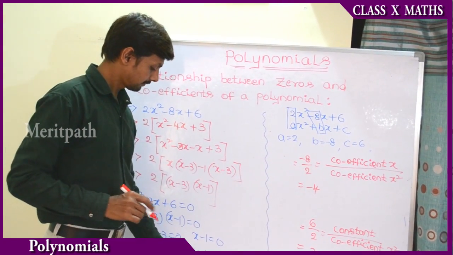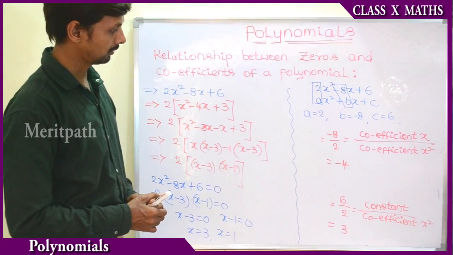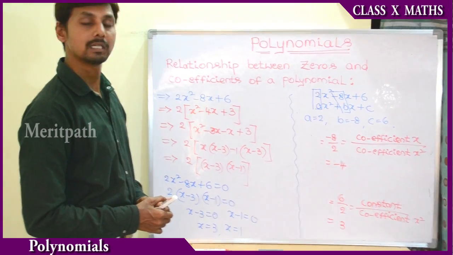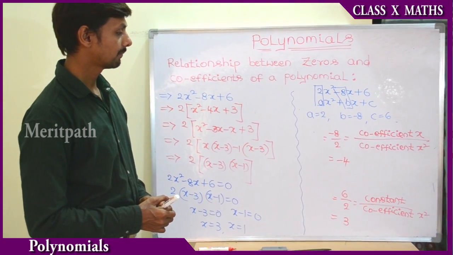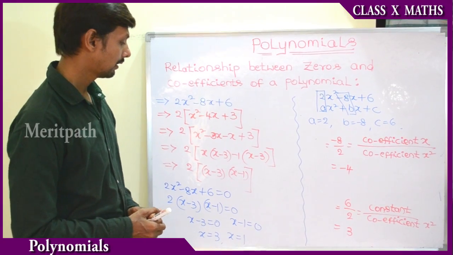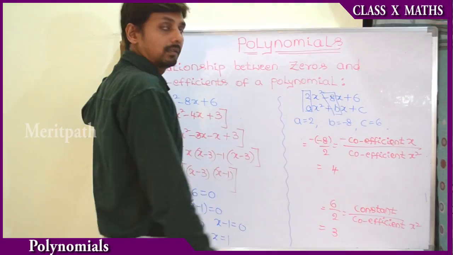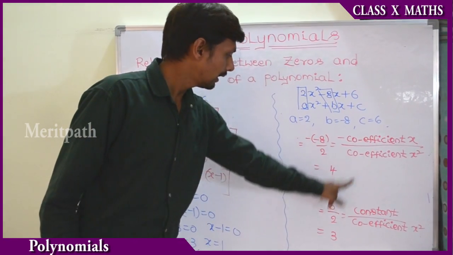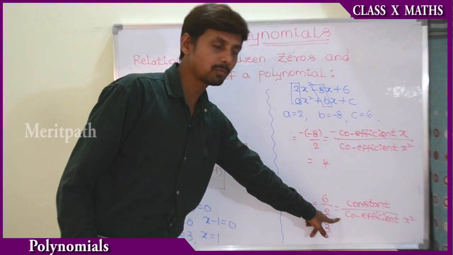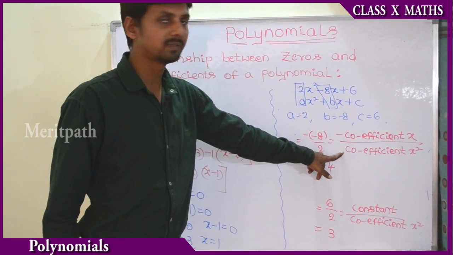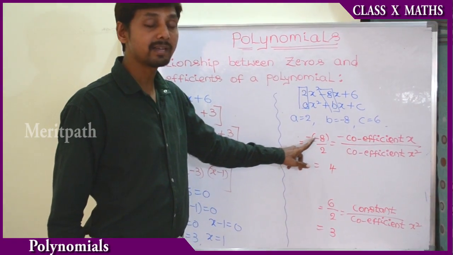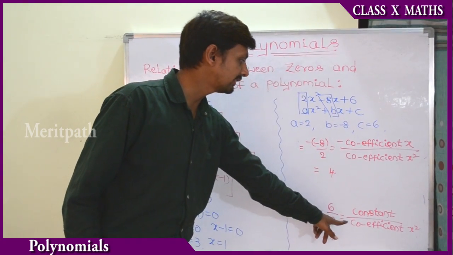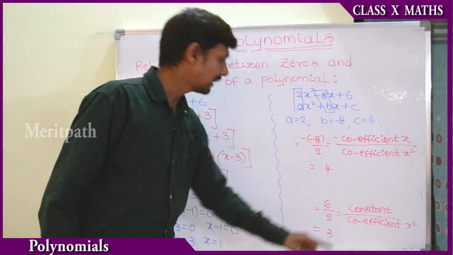If you observe these two, coefficient of x by coefficient of x squared, and constant by coefficient of x squared, then we take minus coefficient of x by coefficient of x squared. Then it is minus of -8 divided by 2, that will be 4. And the constant by coefficient of x squared will be 6 by 2, that is 3.